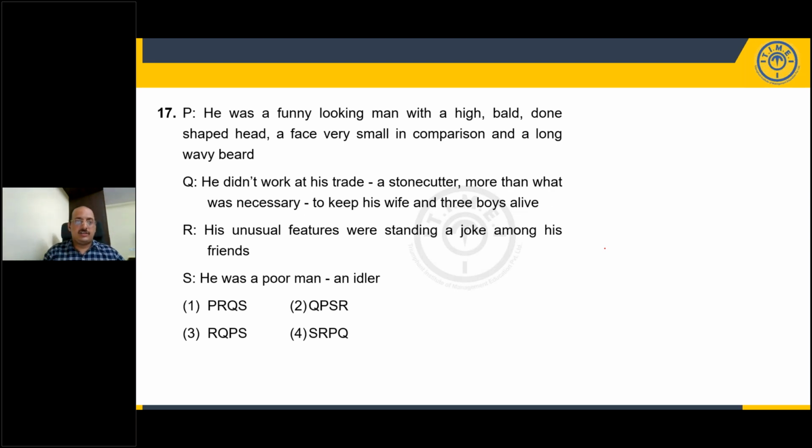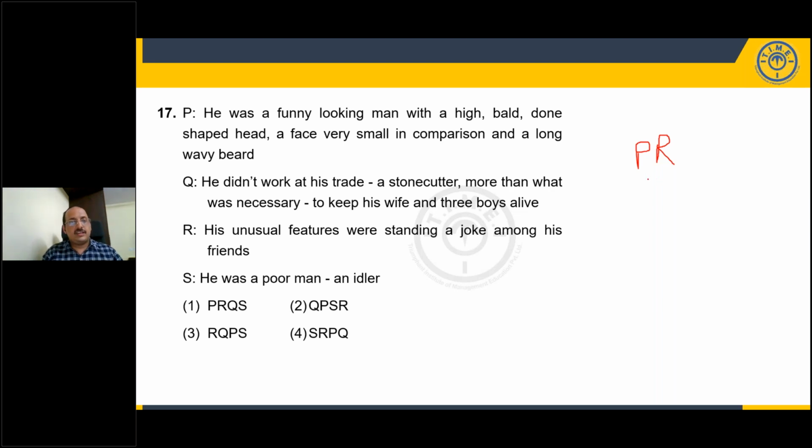So he was basically a stone cutter, but he did not work more than what was necessary. His unusual features were a standing joke among his friends. He was a poor man and idler. So no matter whatever I do now, P and R will come together because P talks about him having some very weird features and then R says they were a joke. These features became a joke.